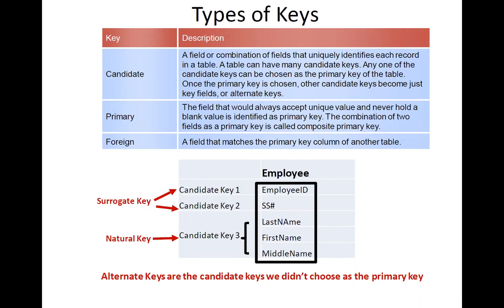On the other hand, we have a natural key. The natural key in our example is the combination of first name, last name, and middle name. You look at the name and you know the person. So a natural key carries some business meaning.